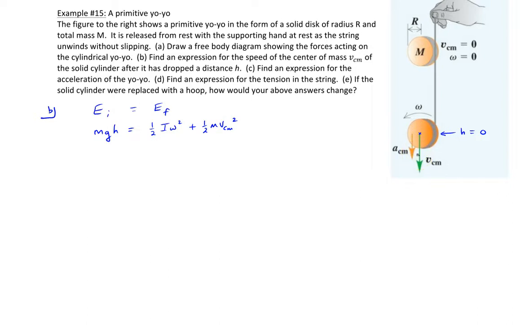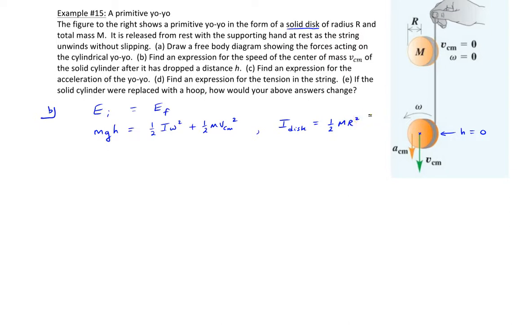So we want to find out an expression for the velocity of the center mass in terms of g and h, but we've got this I and omega to get rid of. Now, remember that we said that this is a solid disk. So we need to look up the rotational inertia for a disk. If you go look back at the notes, you will find the rotational inertia for a solid disk is 1/2 mr squared.